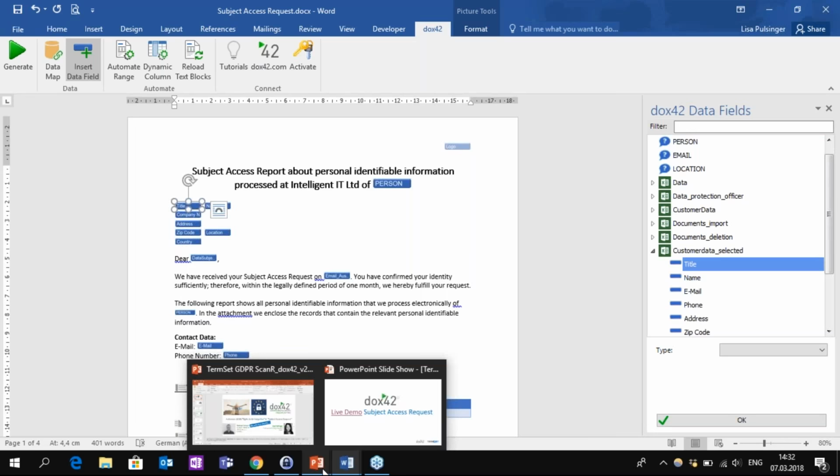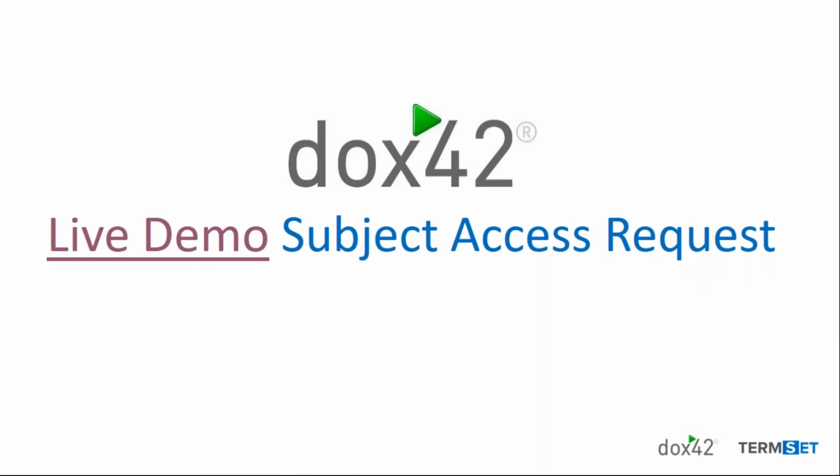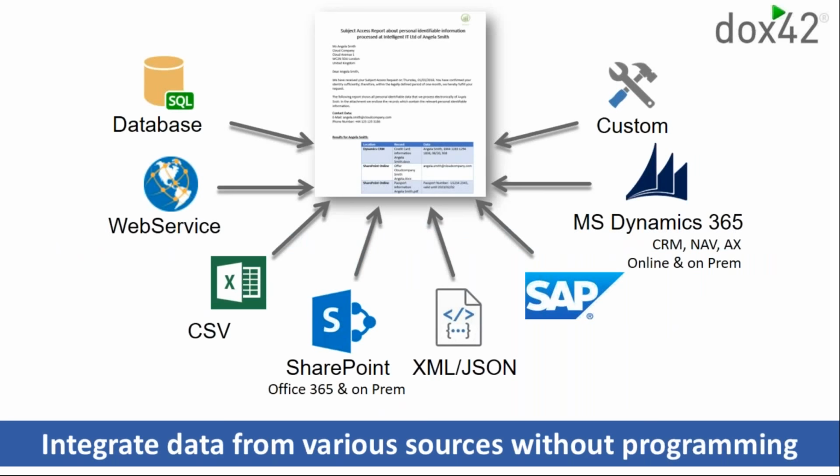Coming back to the presentation, a little bit more about which data you can integrate from which sources. So the one source is the scanner source, which is very important to identify and give out all the personal data you're storing.